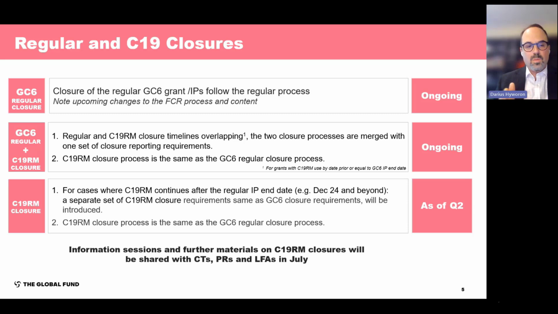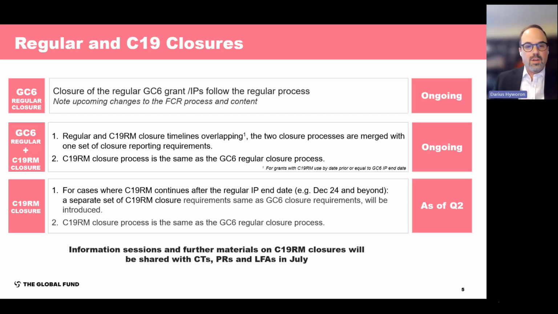For grants where C19RM continues past the end of the GC6 IP, for example, where the regular grants ended in December 2023 and C19RM continues into 2024 and 2025, there'll be a separate set of closure requirements for the C19RM portion.